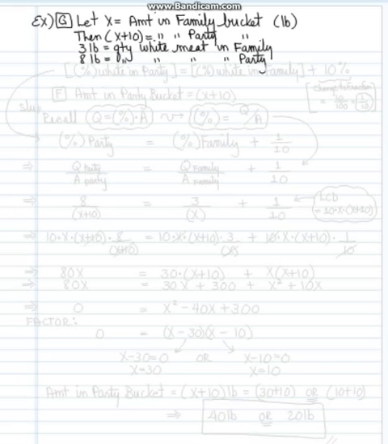And then we're told something very important. We're told that the percentage of white meat in the party bucket is equal to the percentage of white meat in the family bucket plus 10%.